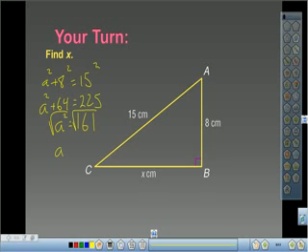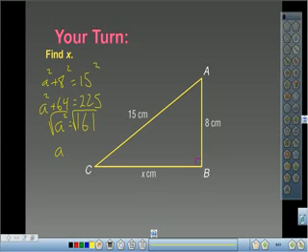What's 2 squared? 4. What's 2 squared? Tough math we're starting with today. 4 plus 4, 8 equals C squared. Think about it. You have to unsquare something. Square root it. We get the square root of C squared is C. Square root of 8.